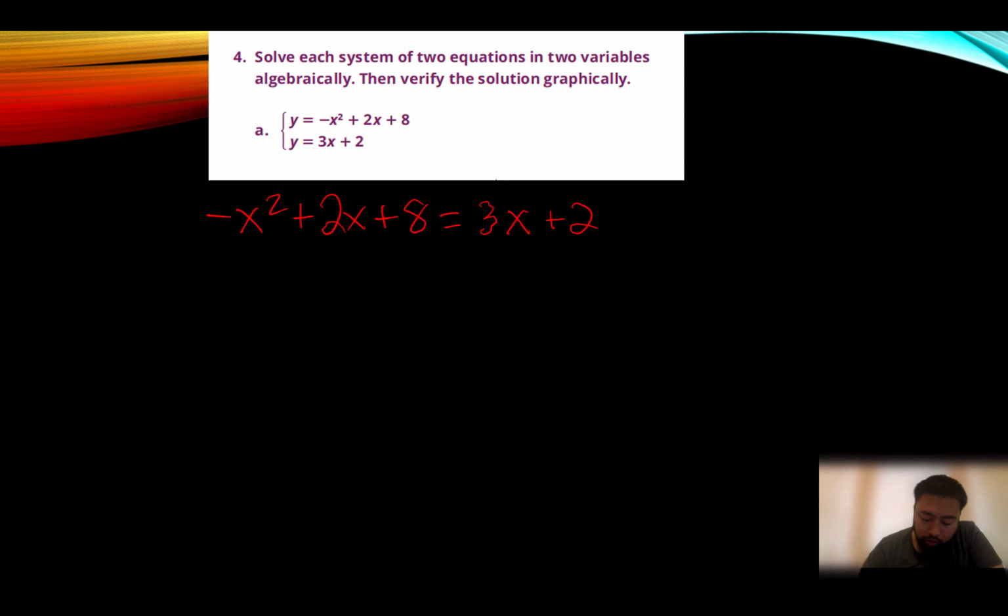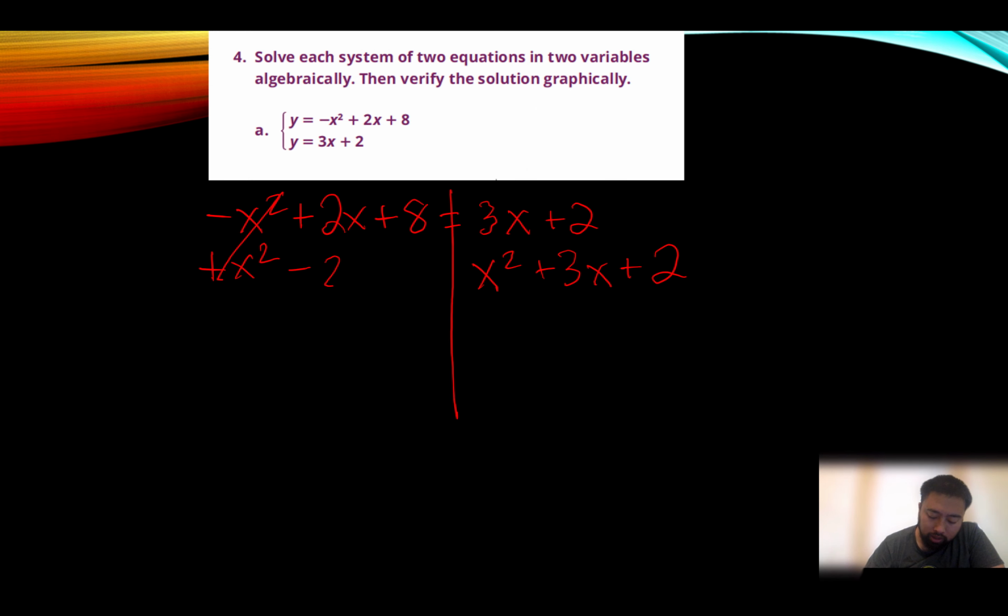Now, you can move things around to both sides of the equation. Add x squared here, that gets rid of it. Then we can minus 2x. Gotta do it on both sides.